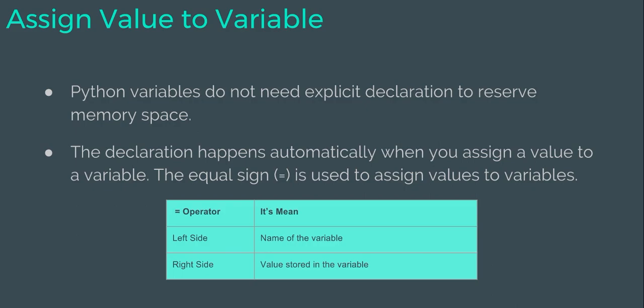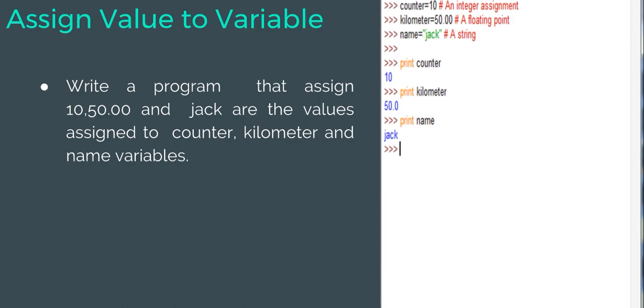Now let's take a simple example of how to assign a value to a variable. Write a program that assigns 10, 50.0 and jack as the values to the variables counter, kilometer and name respectively. First of all, you have to open the IDLE shell every time to perform simple programming.